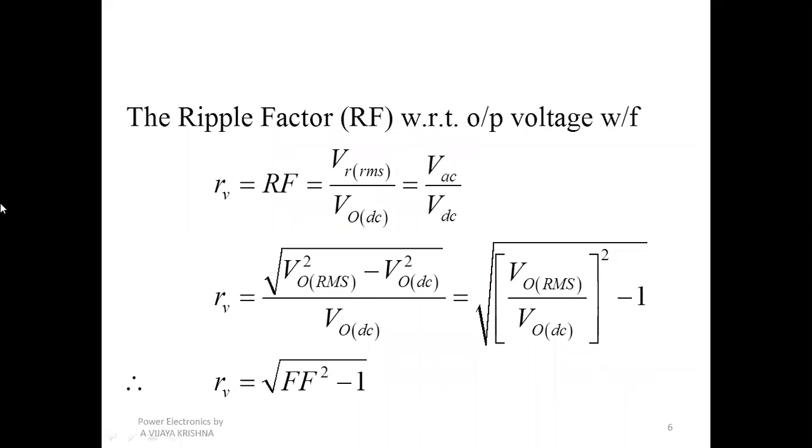Next, the ripple factor, which is also important to understand for a rectifier. Why? Because we also get ripples. Some of the ripples are eliminated, or decreased, by using filters, such as an inductor filter or an LC filter, an inductor-capacitor filter, placed across the rectifier circuit.